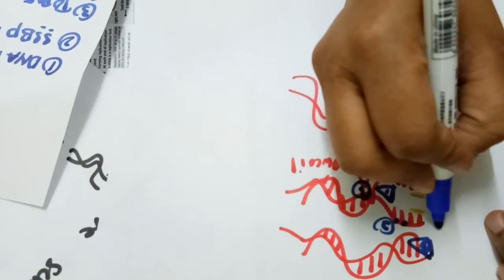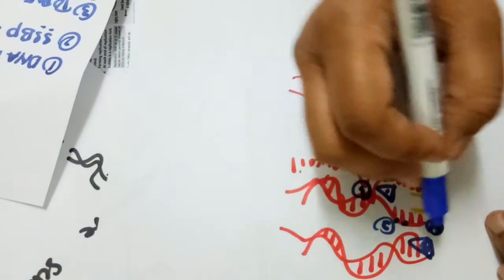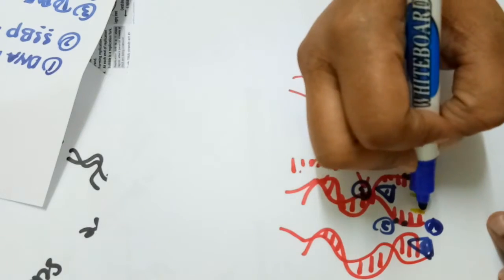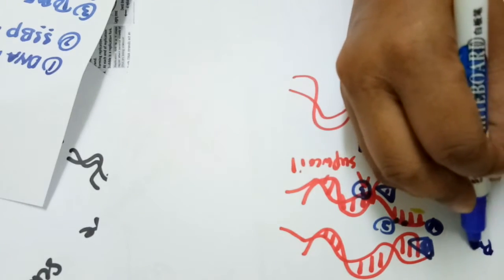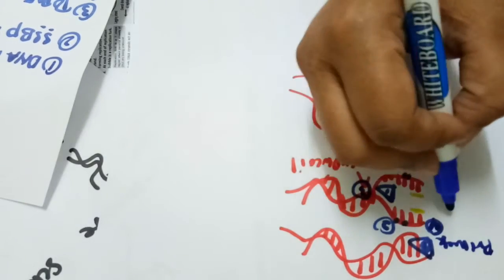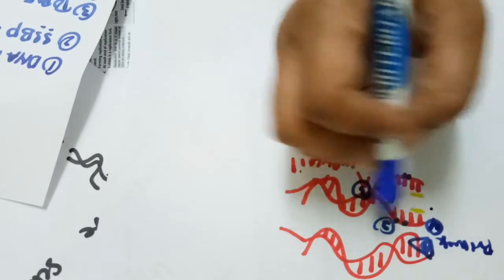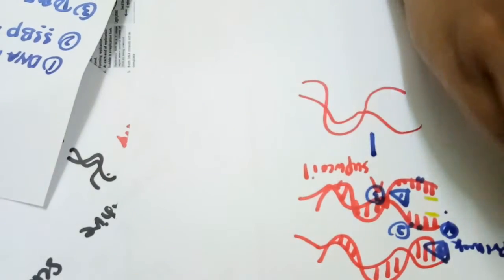So enzyme number 4, actually enzyme number 3, primase. So primase will add RNA nucleotide. The yellow one is RNA nucleotide.